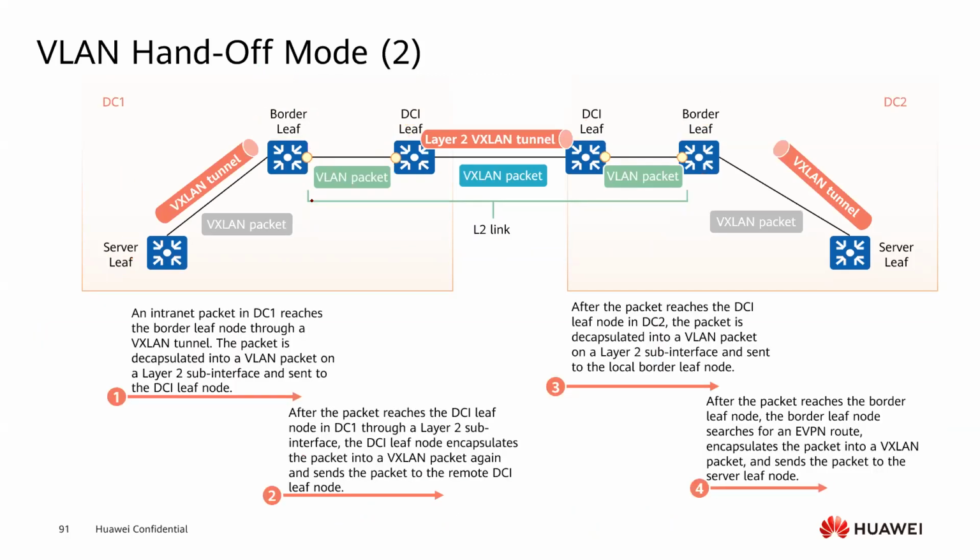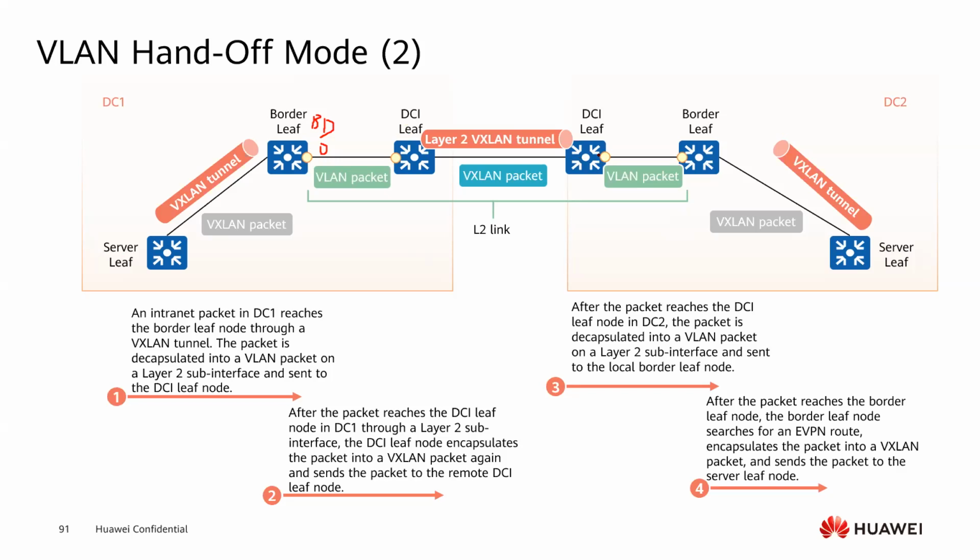So now let's look at the forwarding process. You can find that the intranet packet in DC1 reaches the border leaf, and then it will leave the VXLAN tunnel and become a VLAN packet, just because this VLAN has already been mapped to the BD in this interface. And then after the packet reaches the DCI leaf node in DC1 through a layer 2 subinterface, the DCI leaf node will re-encapsulate the packet into a VXLAN packet again, and send the packet to the remote DCI leaf node.